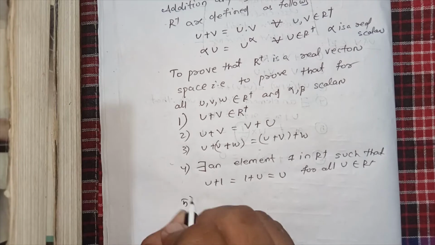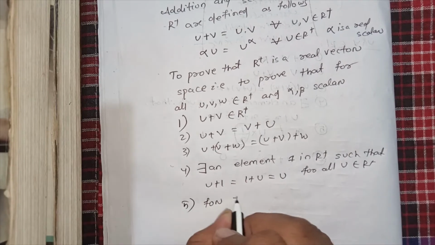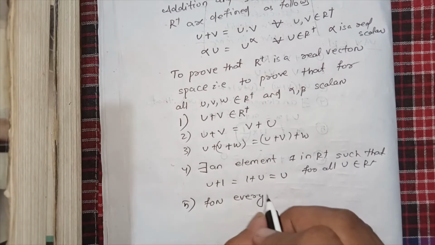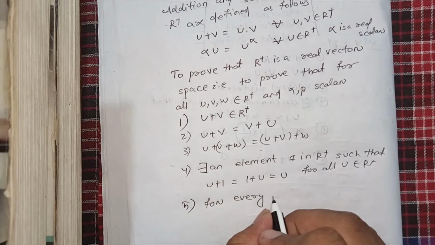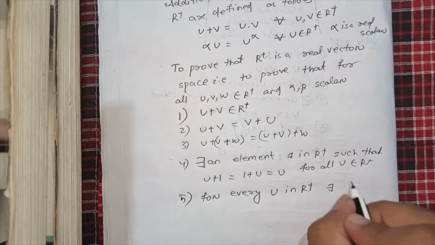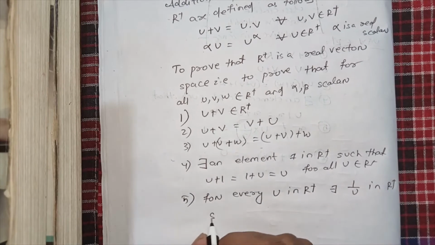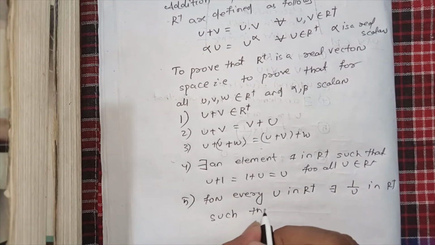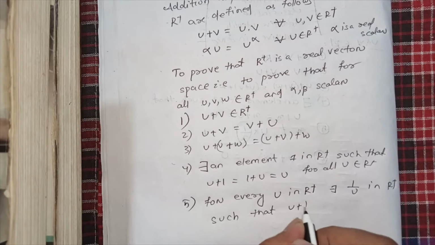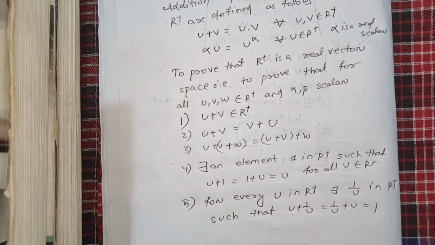And number 5, that for every u in R plus, there exists 1 by u in R plus such that u plus 1 by u is equal to 1 by u plus u is equal to 1.